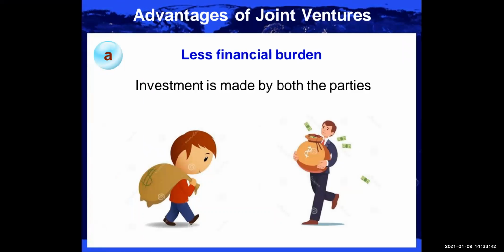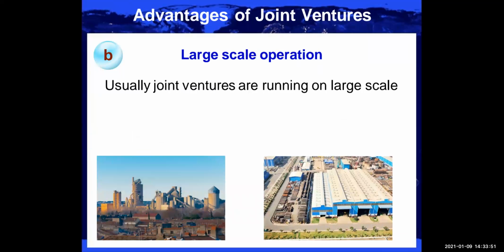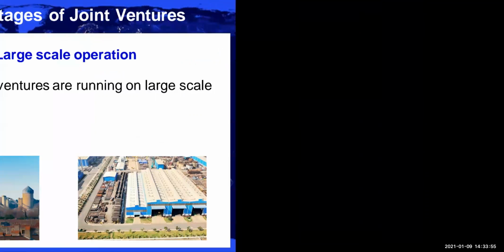Now, talking about advantages, in case of joint venture, the first advantage is there is less financial burden because investment is made by both the parties. And usually, joint ventures are run on a large scale.